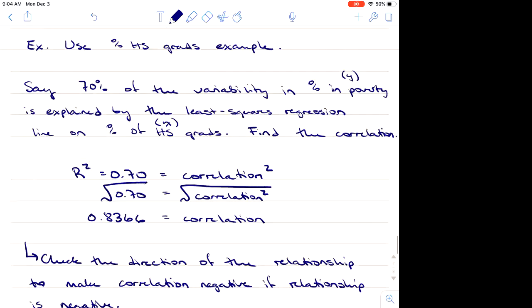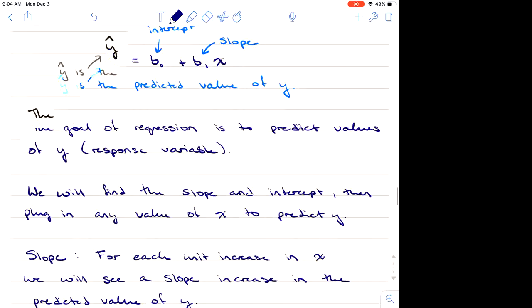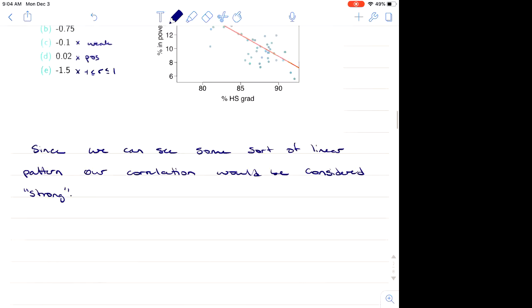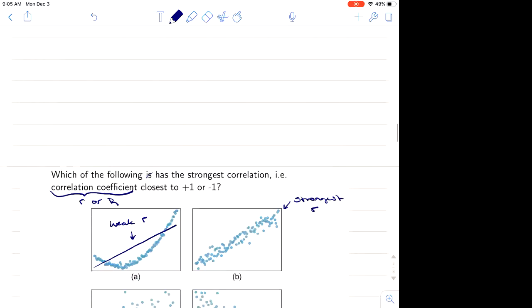So I'll scroll up here. It was a while ago, I guess. We had this. Okay. So here we can glance back at our scatter plot and say, because we have a negative relationship, we know the numerical value of the correlation, but we also need to add the negative.